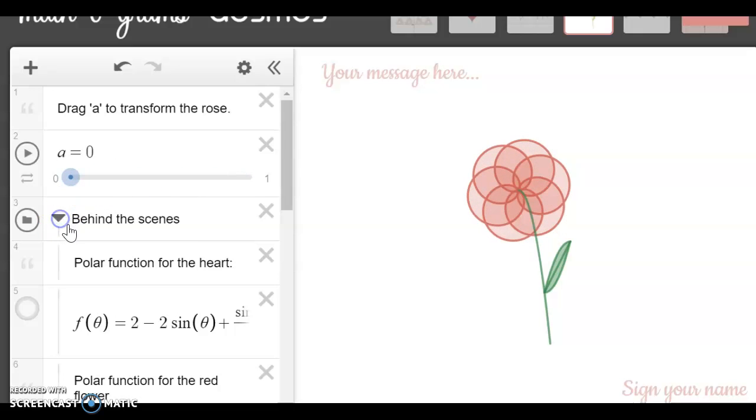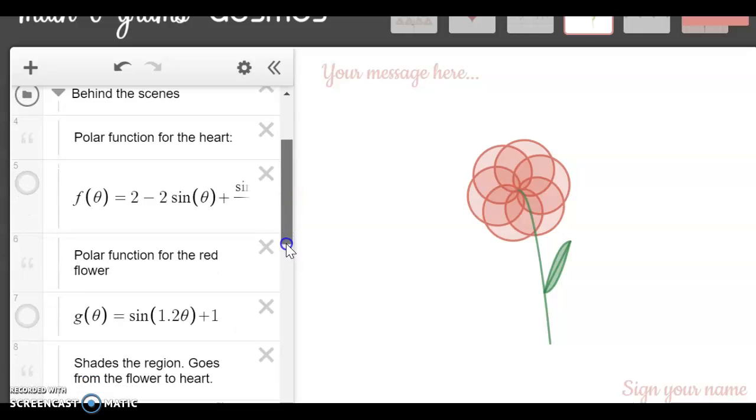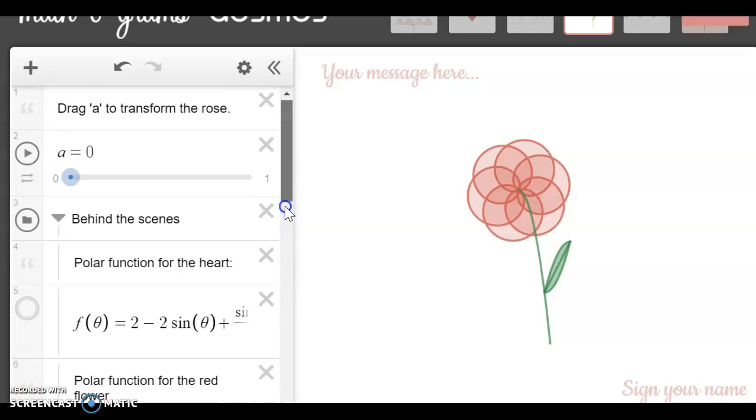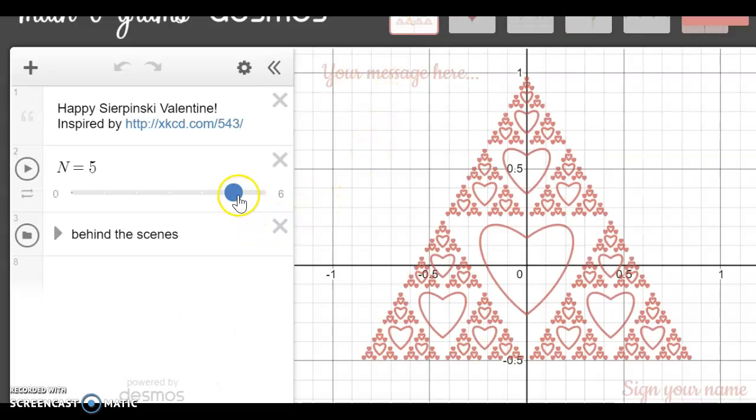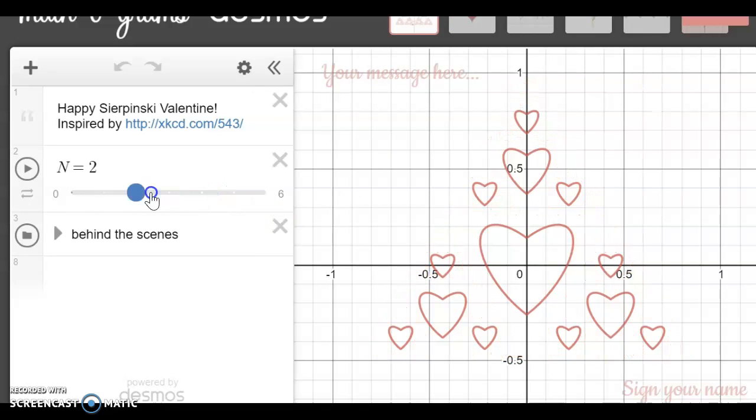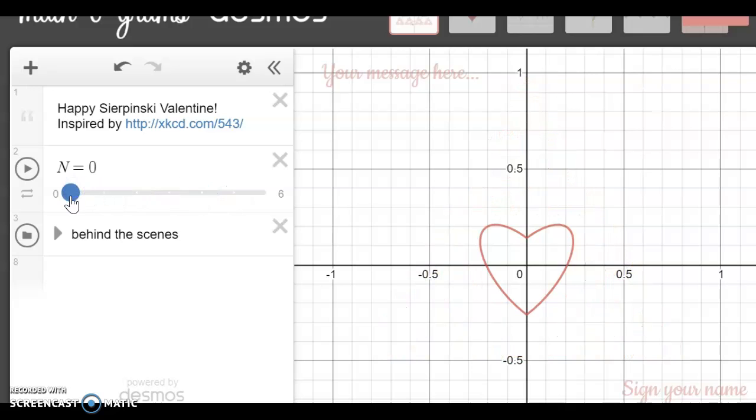And behind the scenes, how did we do that? It is all math equations, believe it or not. And likewise, I can create a fractal. This is Sierpinski's triangle.